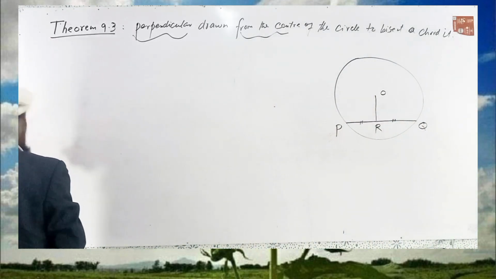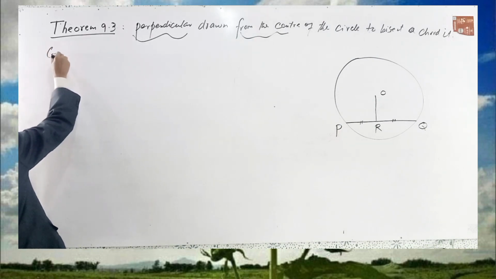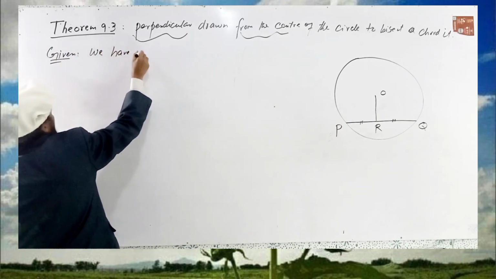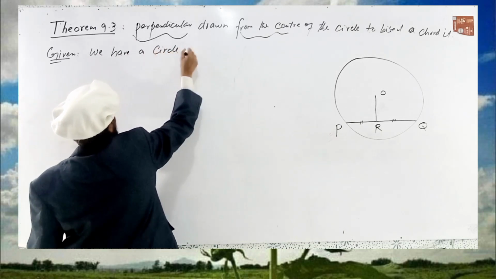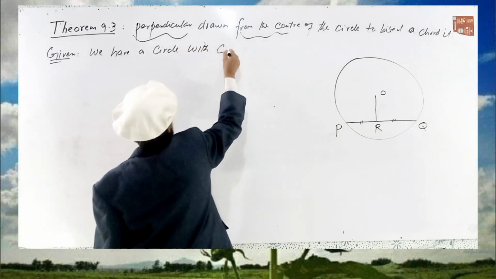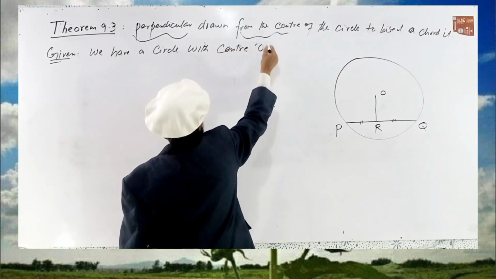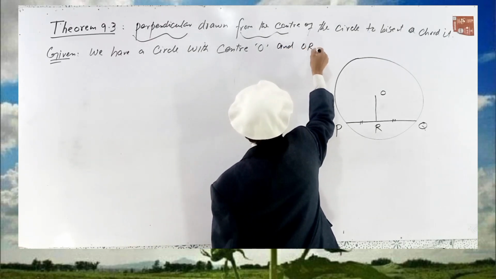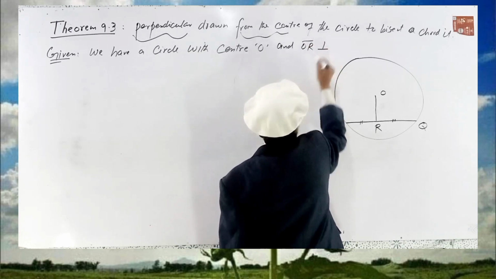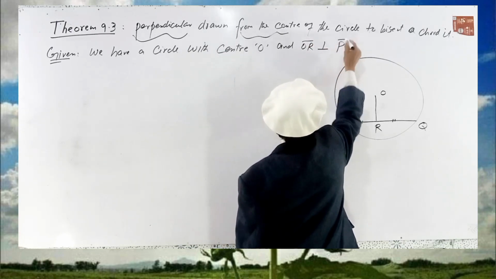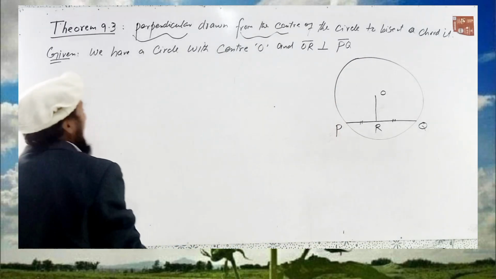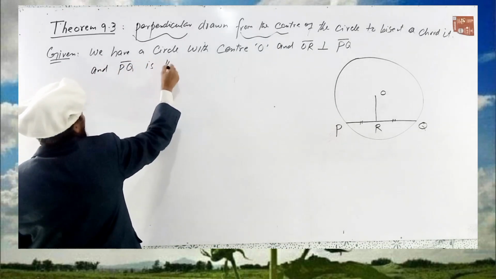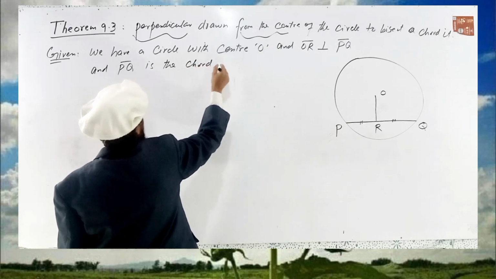Given: we have a circle with center O, and OR is perpendicular to PQ, and PQ is the chord of the circle.